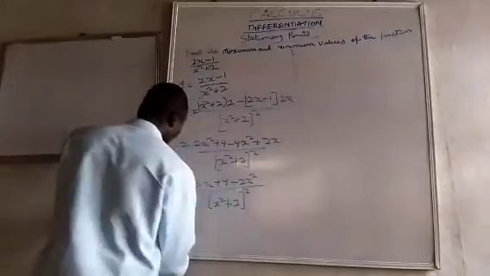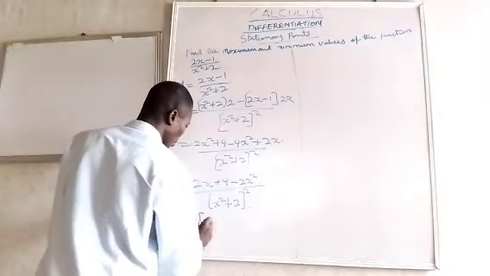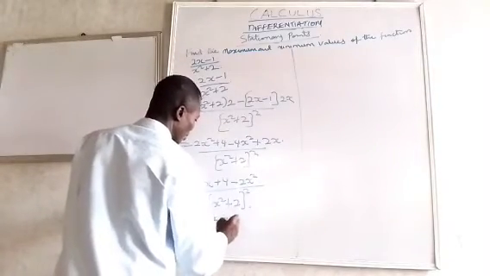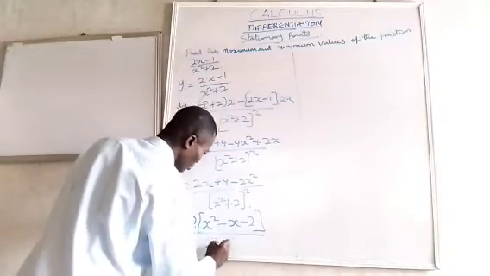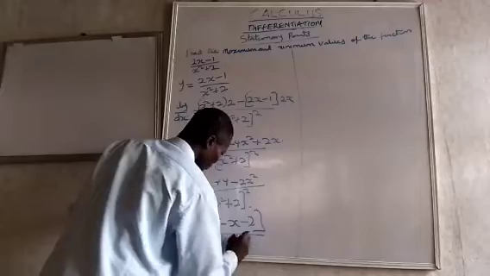And this is equal to minus 2 into (x squared minus x minus 2) over (x squared plus 2) whole squared.